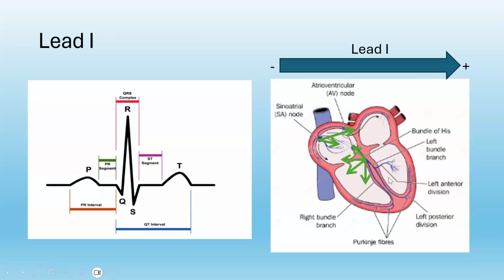And so going to the left, as you can see, they're going to the negative portion of the lead. This causes that slight repolarization you can see at the Q portion of the electrocardiogram.